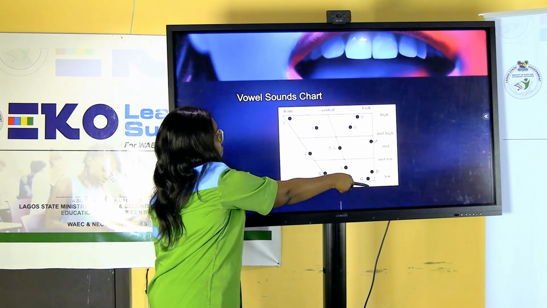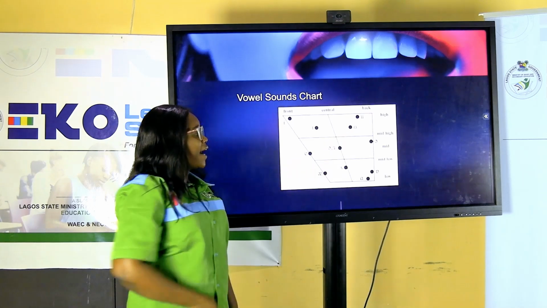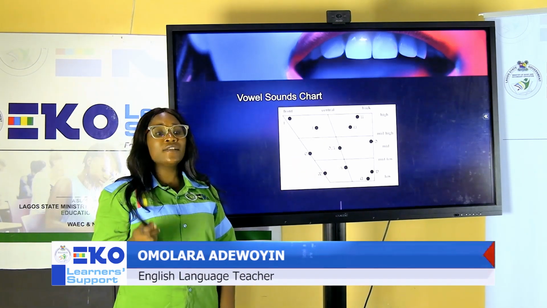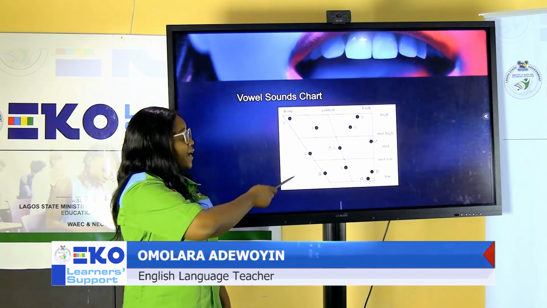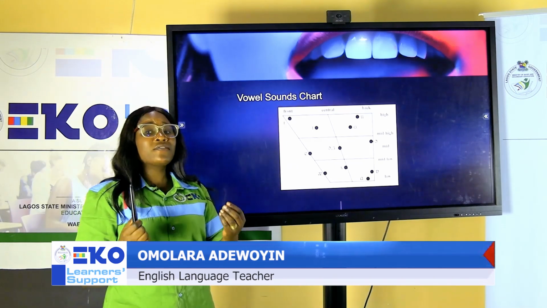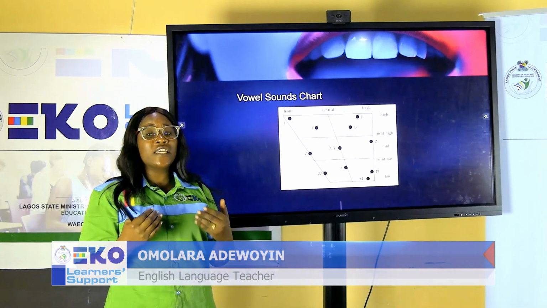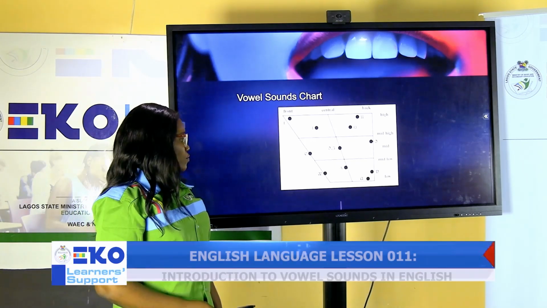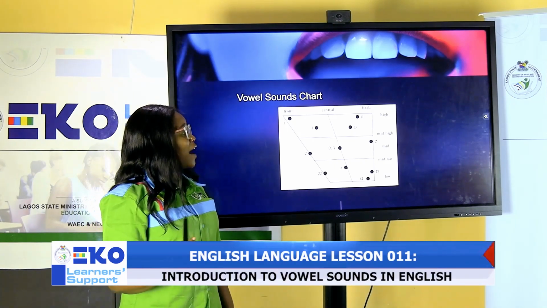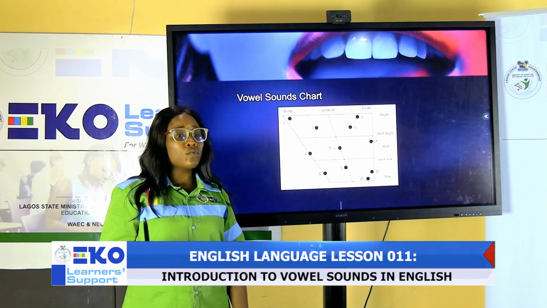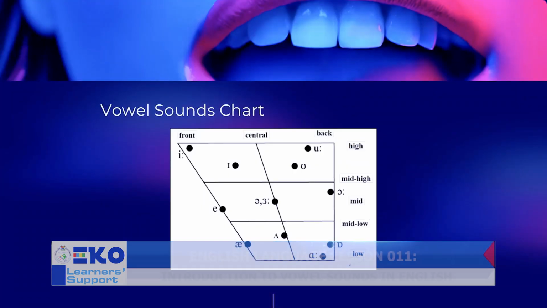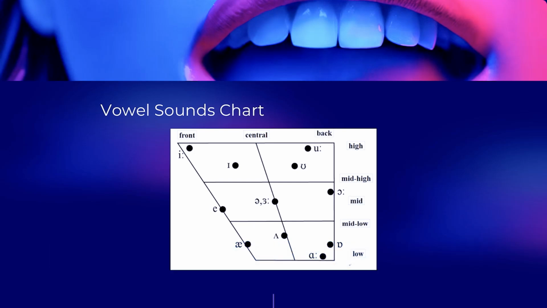Looking at what we have here, we have high, mid-high, mid-low, and low. This here talks about the position of the tongue in the mouth when vowel sounds are produced. So when you have the sound ooh, what happens? The tongue glides to the back of the mouth and the tongue raises. It rises up.